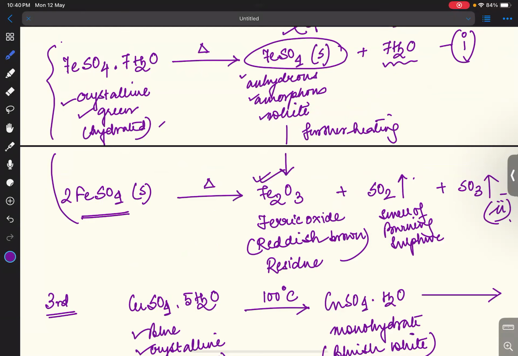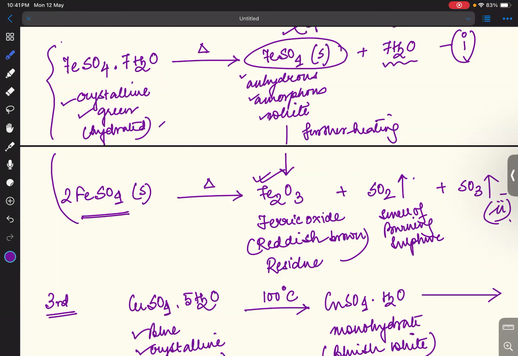Over there, that is only the water molecules going off, and there is anhydrous ferrous sulfate. Anhydrous ferrous sulfate, when you further heat, actually breaks down to give you oxide and more gases. So residue is the remaining part which is left behind in the test tube after evolution of gases. So ferric oxide will be the residue. Okay, ma'am. Thank you, ma'am. Welcome. Very good question.